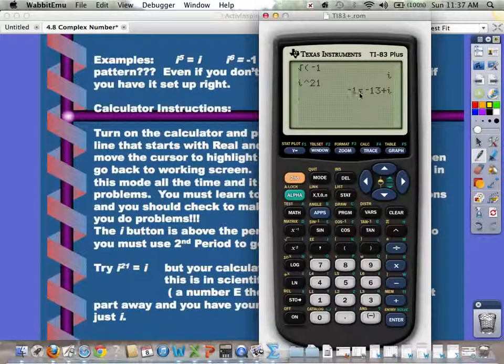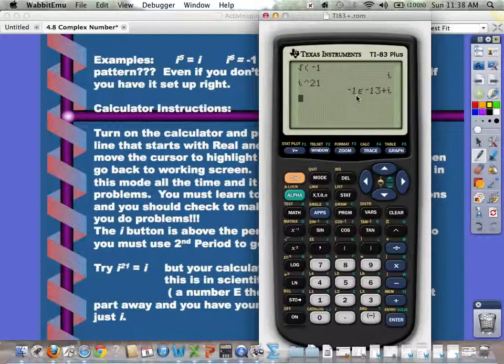That's what you want to just eliminate when you're working with these because your answers have to be i, negative 1, negative i, or positive 1. That's the only choices you've got. However, now see, you see this negative 1, that's attached to the scientific notation. So all the things attached to the scientific notation, disregard. This i at the end is your answer.